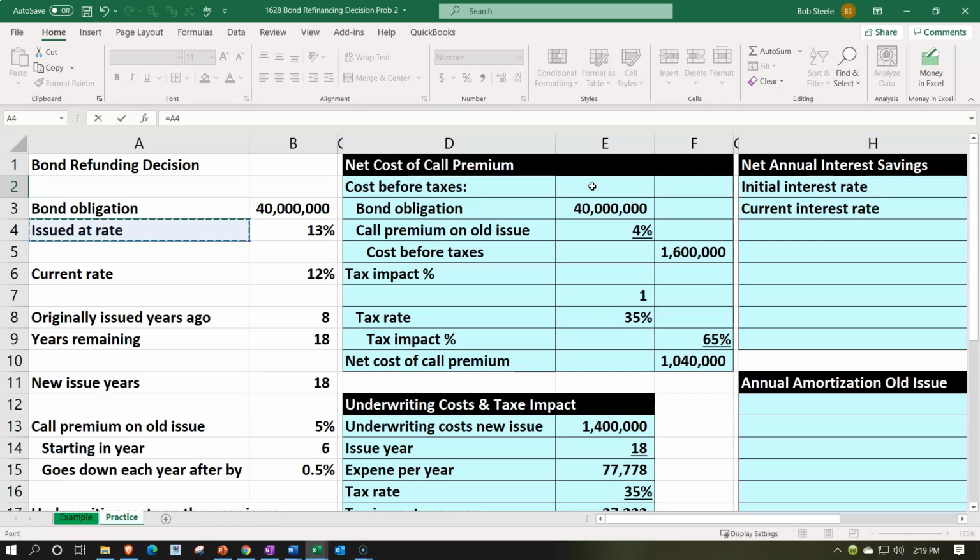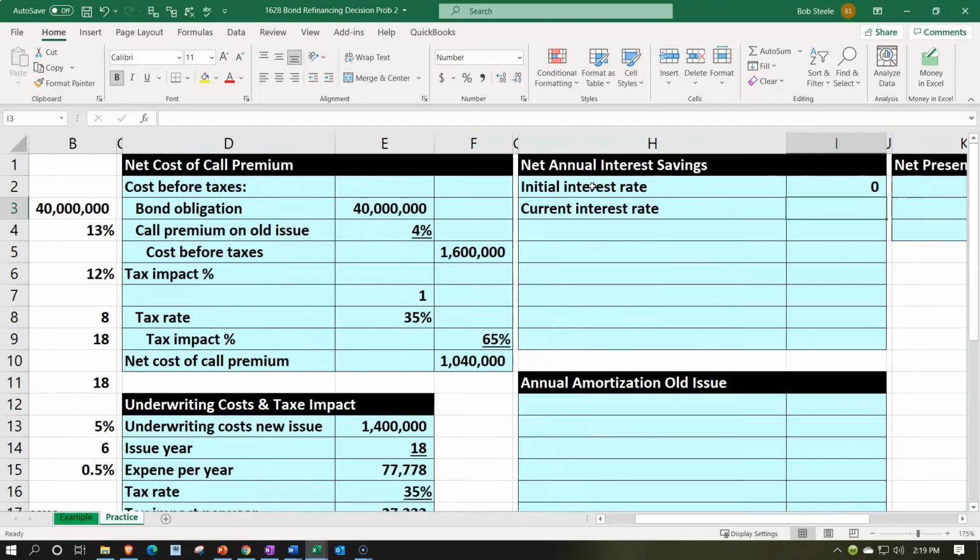So the prior rate was the 13. The current rate is going to be the 12. We're going to make these three cells a percent by going to the number group, percentifying it, underline this cell, font group, and underline. And then I'm going to say this is the difference, which will be equal to the 13 minus the 12. So we got the difference of that 1%.